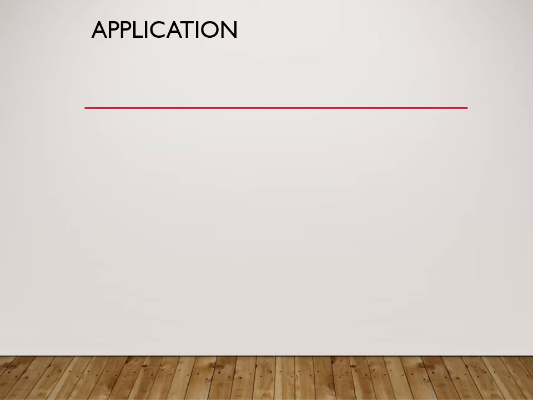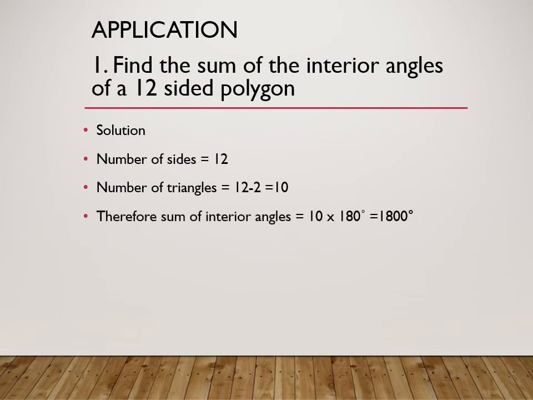We look at an application of what we have just said. If you are asked to find the sum of the interior angles of a 12-sided polygon, the solution is simple. The number of sides is 12.